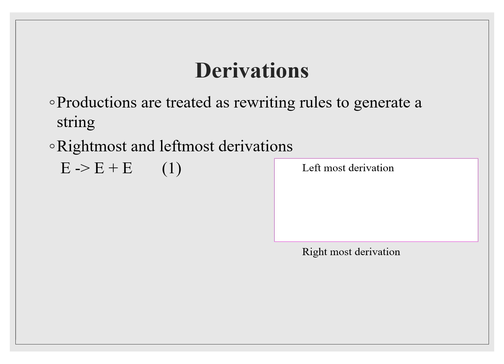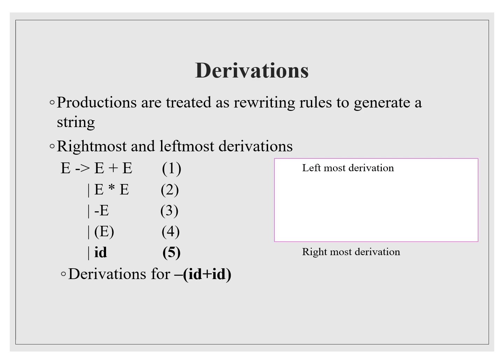Let us consider the rules in the grammar, symbolically represented by numbers 1, 2, 3, etc. E derives E plus E, or E star E, or just a minus E, or bracketized expression, or ID. Let us consider the derivation of minus ID plus ID.